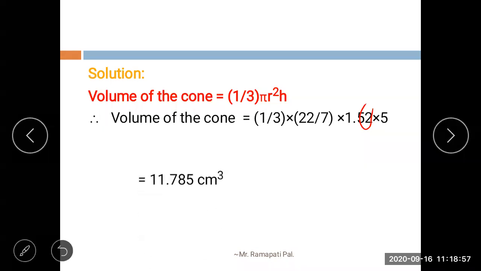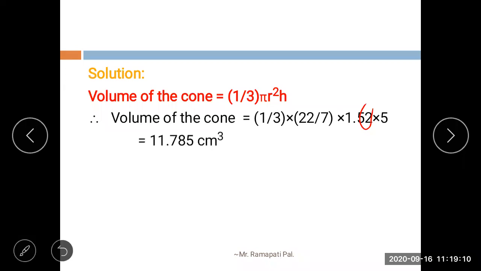So the answer is 11.785. If you round up, you will get 11.79 centimeter cube. Because it is volume, its unit will be cubic centimeter.